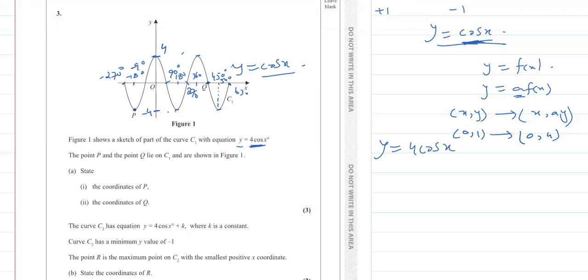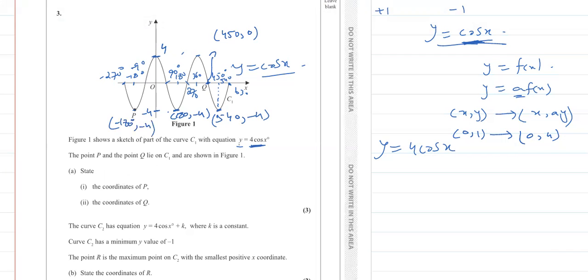If this is minus 4, then this coordinate will be 180, minus 4. This coordinate will be 450, 0. And this coordinate will be 540, minus 4. This coordinate will be minus 180, minus 4.